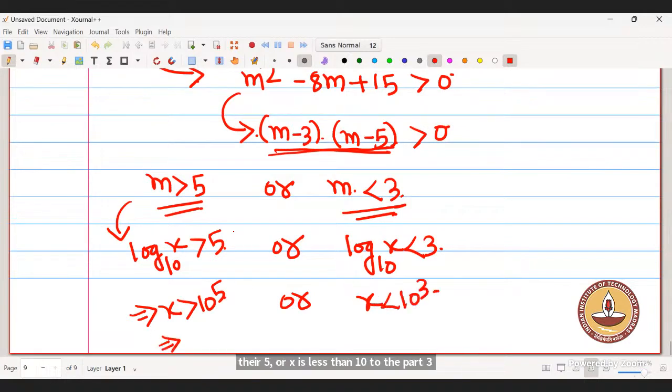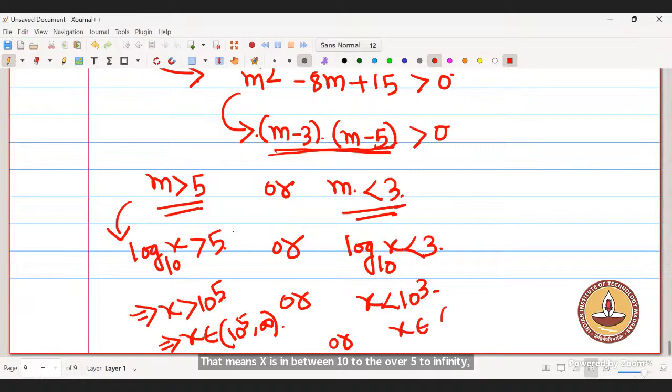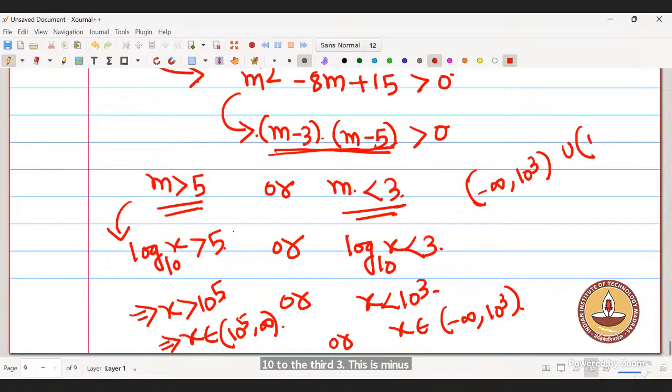That means x is in between 10 to the power 5 to infinity, or x is in between minus infinity to 10 to the power 3, right? So the domain of this function is nothing but minus infinity to 10 to the power 3, union.